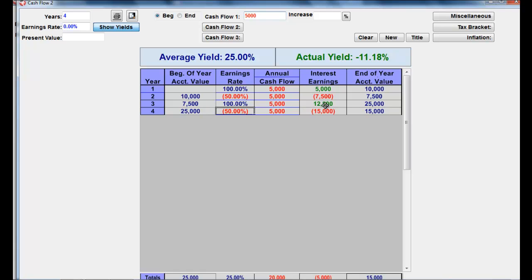So now you doubled your money again, wind up with 25,000. In year 4, you start with 25,000. You add another 5,000 and lose 50%. Now you have a 50% loss and wind up with 15,000. So if you put in $20,000 cumulatively over 4 years and wind up with $15,000, that's an actual yield of negative 11%.